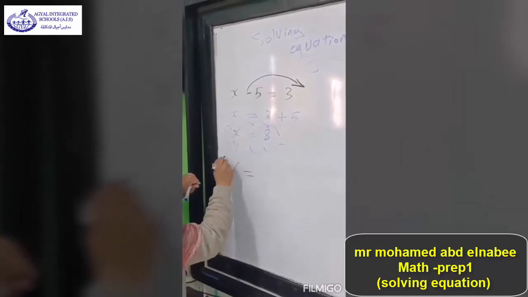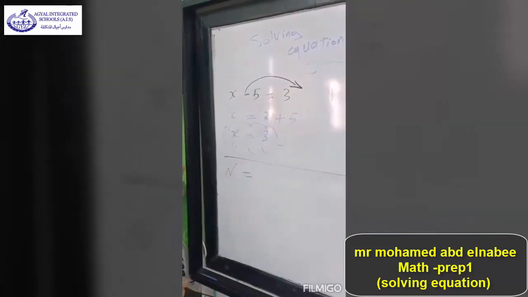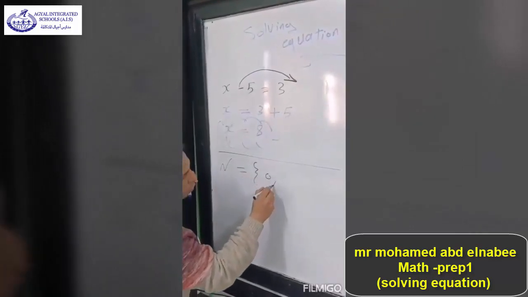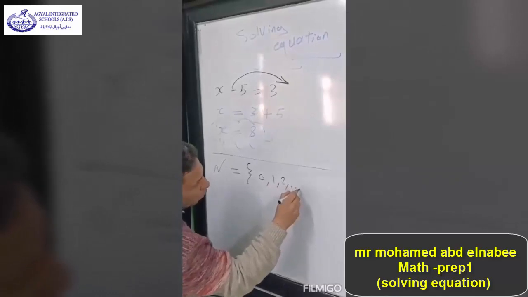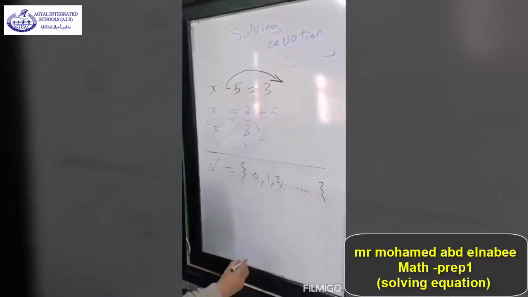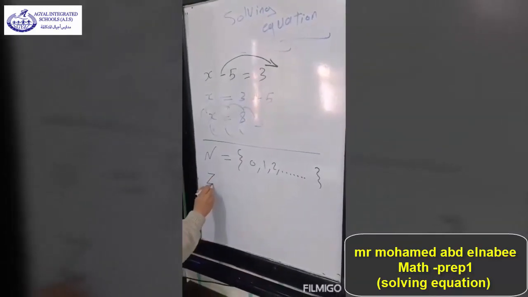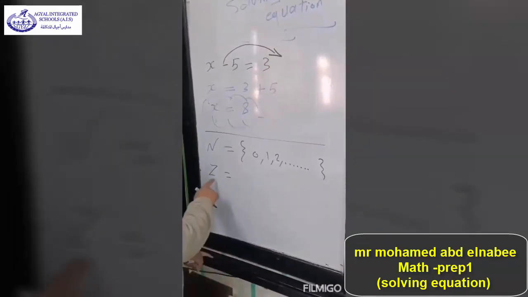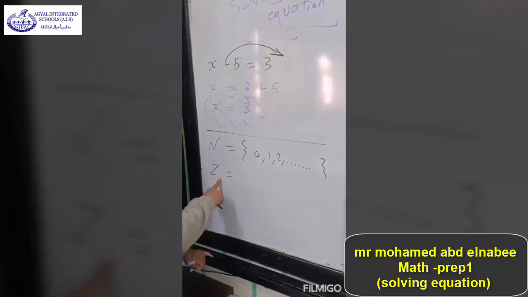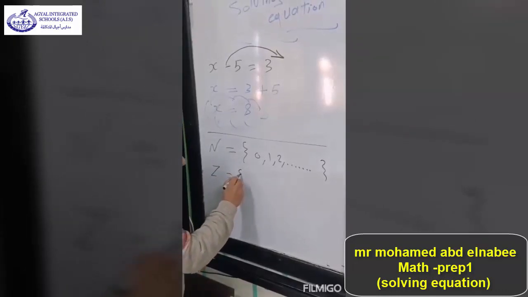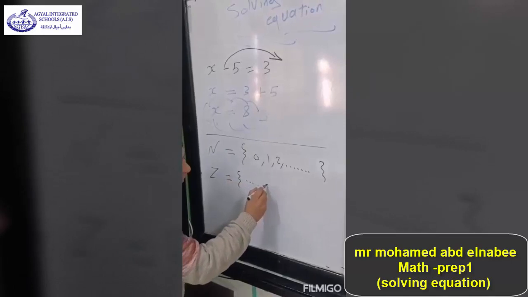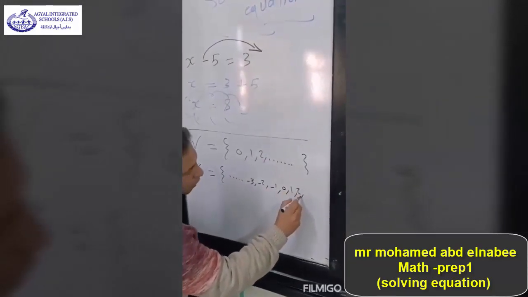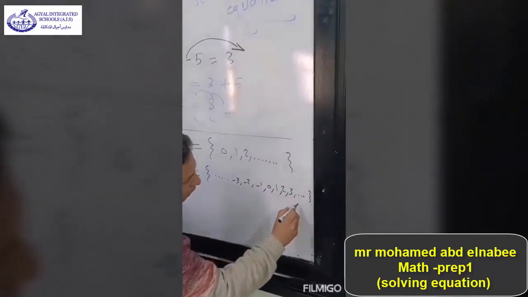N is the set of natural numbers. What does N equal? N equal 0, 1, 2, and so on. Z is the set of integer numbers, and we know it consists of 3 parts: positive, negative, and 0. So we can write it as the following: negative 3, negative 2, negative 1, 0, 1, 2, 3, and so on.